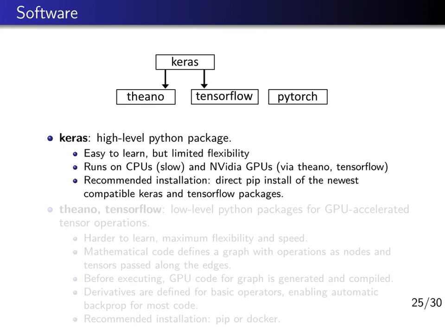It's relatively easy to learn, but because it's high level, it has somewhat limited flexibility. It runs on CPUs or on GPUs, and you can install it either directly with pip or in principle you can also install it with Conda, but then you have to be a little bit careful that you have a compatible version of TensorFlow or Theano.